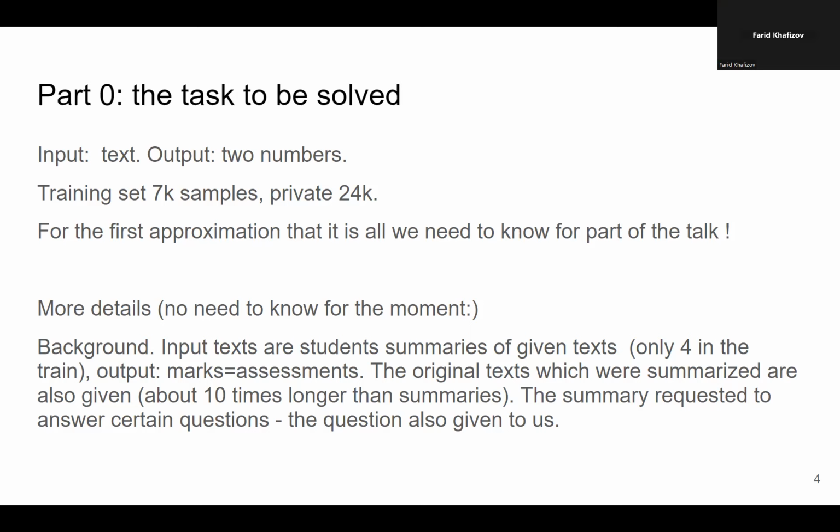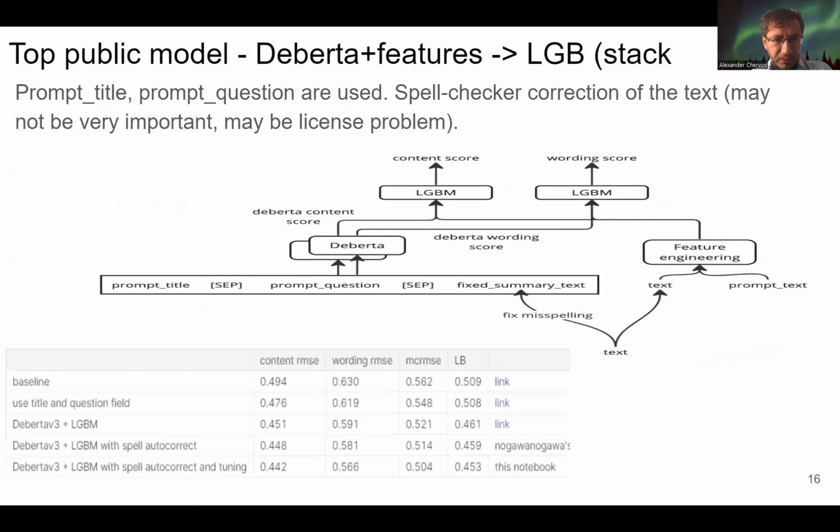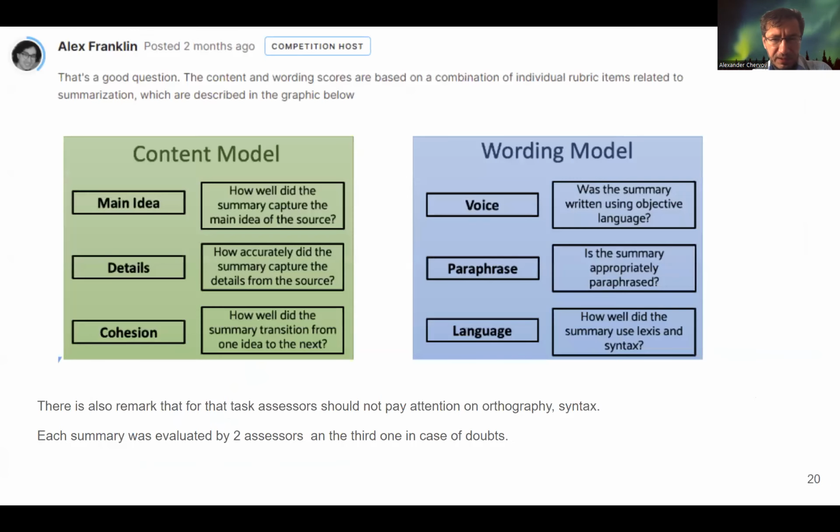And what are those two numbers supposed to be? The two numbers are assessments by teachers of these summaries by students. One is called wording, another is called content. We have a slide where the organizers explain a little bit; you can look, and maybe you know better than me, since as far as I understand, this is an American system.